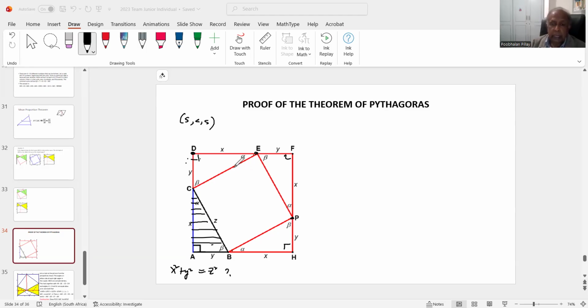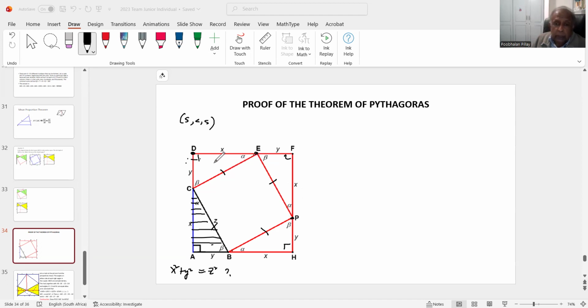Which means that the hypotenuses are equal. So this figure here is now a rhombus. Be careful, don't say it's a square straight away. It's a rhombus because a four-sided figure with all the sides equal is called a rhombus. But it'll be a square if we know that this angle is 90 degrees.